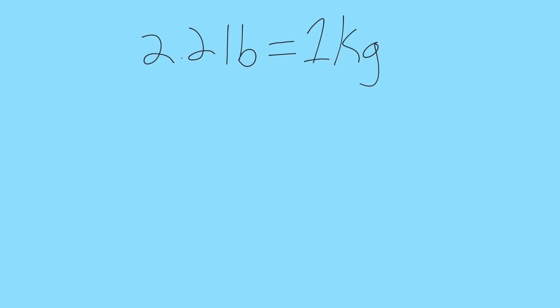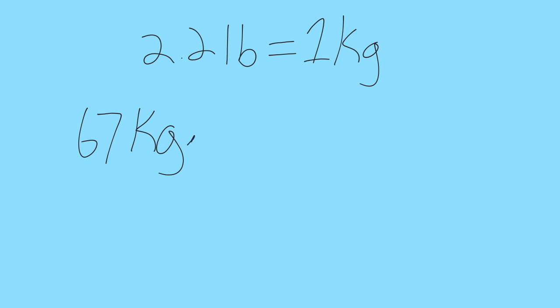So let's try it out with some actual units. We know that 2.2 pounds is equal to 1 single kilogram. All right. So let's try to convert a number of kilograms into pounds. So let's start off. I have 67 kilograms, and we want to convert that. So we want to cancel out the kilograms, and we want to be left with pounds.